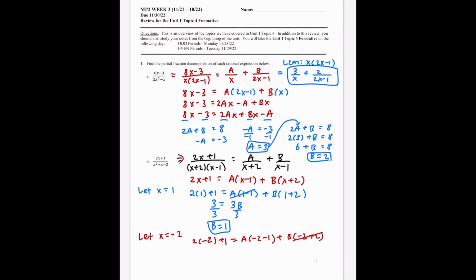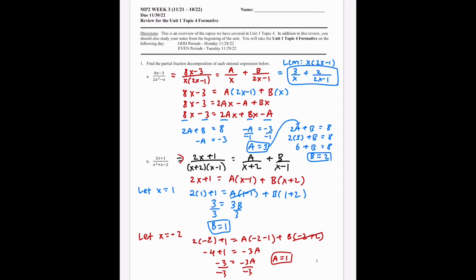Because -2 plus 2 is 0. So now what do we have here? We have -4 plus 1 is equal to -3a. Okay, that's pretty straightforward here. That's just -3 is equal to -3a, my bad. Divide both sides by -3. A is 1.